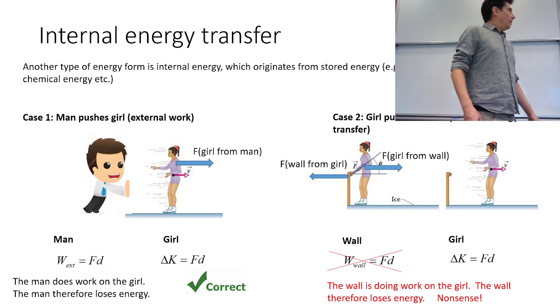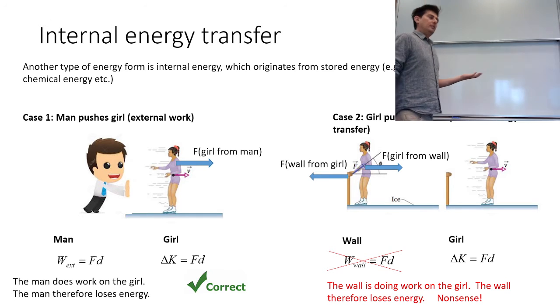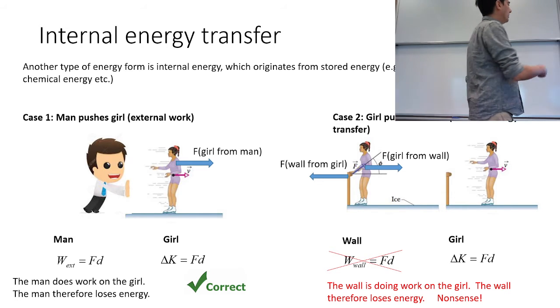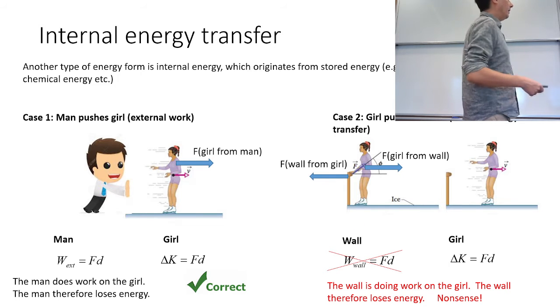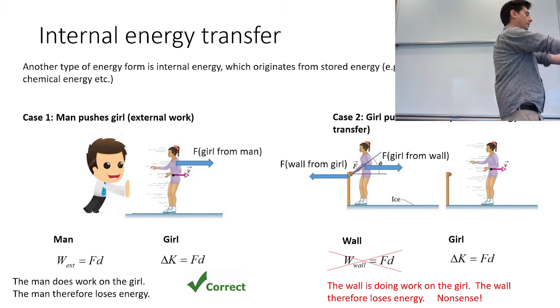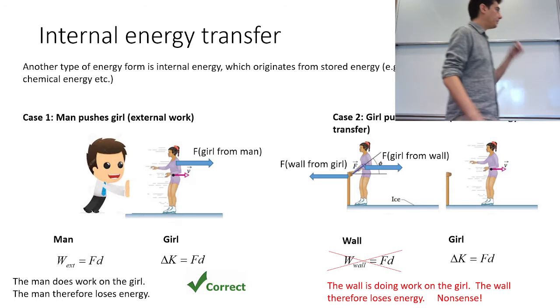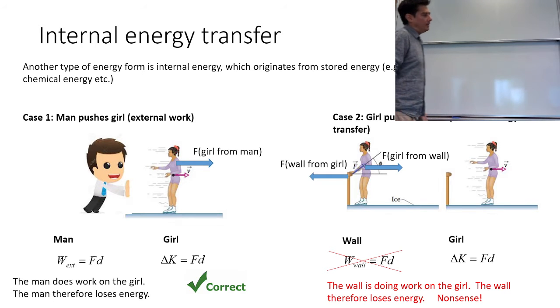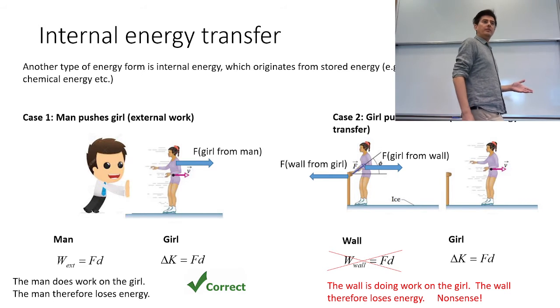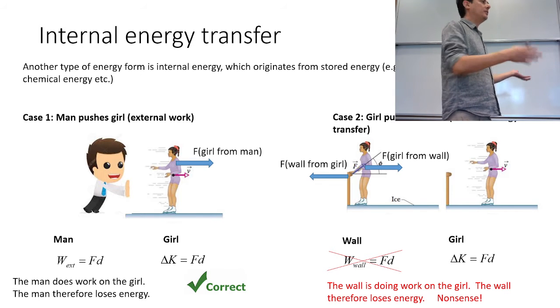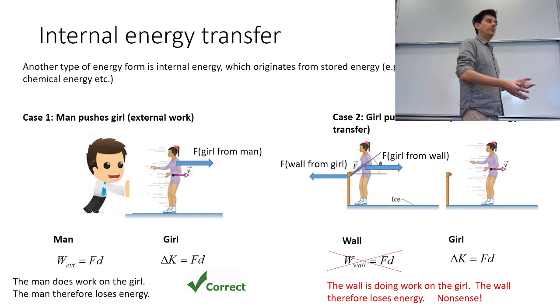But now let's look at a seemingly very similar case. Say it's not the guy pushing her, but there's a wall here, and she pushes back on the wall herself, and then she goes backwards, of course. Superficially this looks pretty similar, right? It's not a guy, it's a wall, so the wall is now providing the force instead.